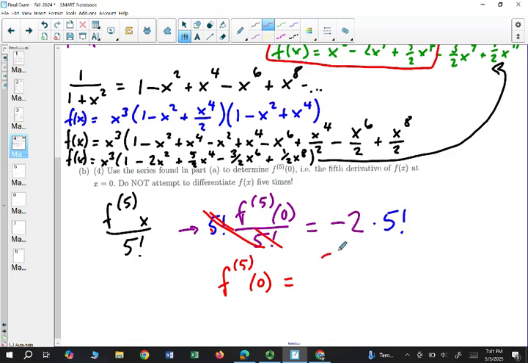Okay, so basically we're doing -2 times 5 times 4 times 3 times 2 times 1. So 5 factorial, 20 times 3, 60, 120. So -2 times 120. So we have -240.